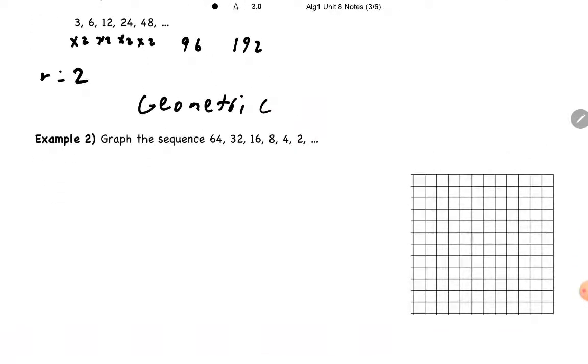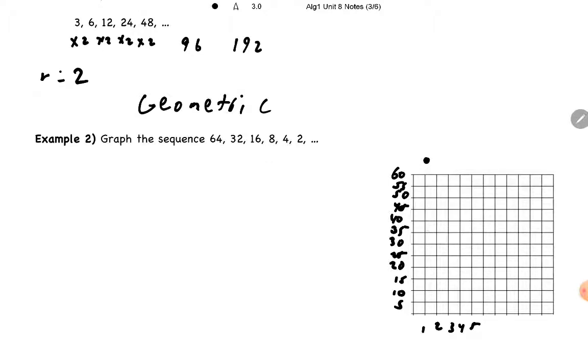Alright, graph the sequence. I'm going to count by 5s. 20, 25, 30, 35, 40, 45, 50, 55, 60, and let's just have one more for 65. Now remember this is going to be the first term, second term, third term, fourth term, fifth term, and so on.